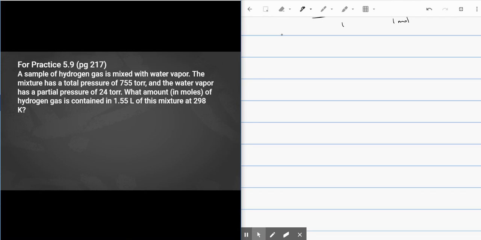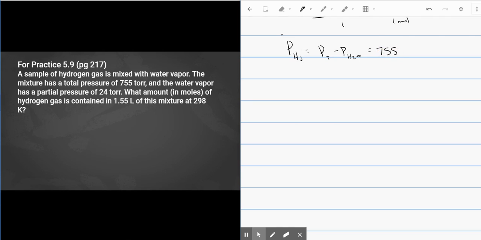Okay, so we have our pressure of hydrogen is going to be the total pressure minus the pressure of the water. Okay, we don't want that water vapor to be part of our pressure there since we're just focusing on the hydrogen.